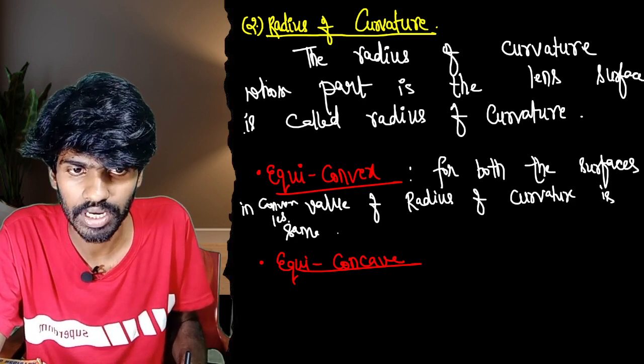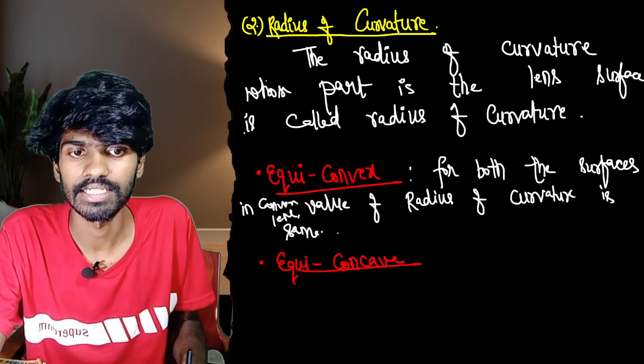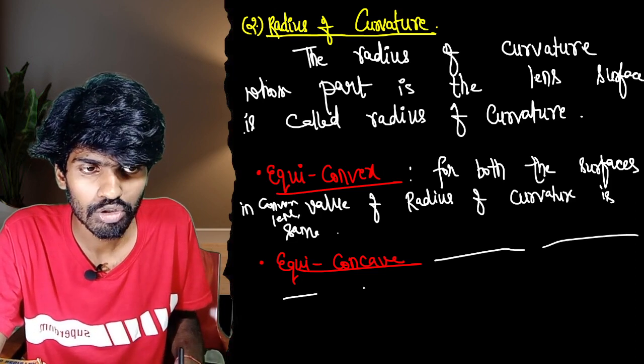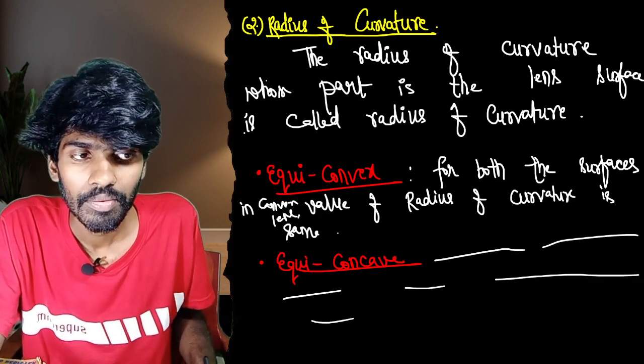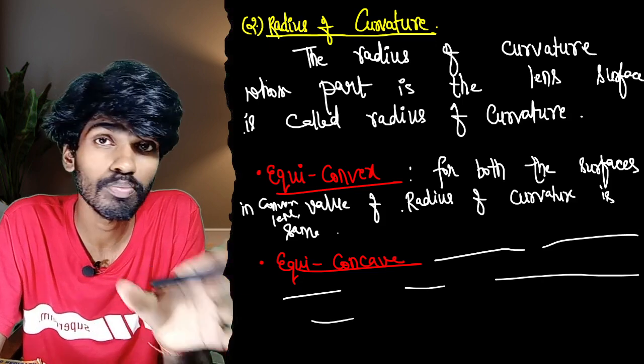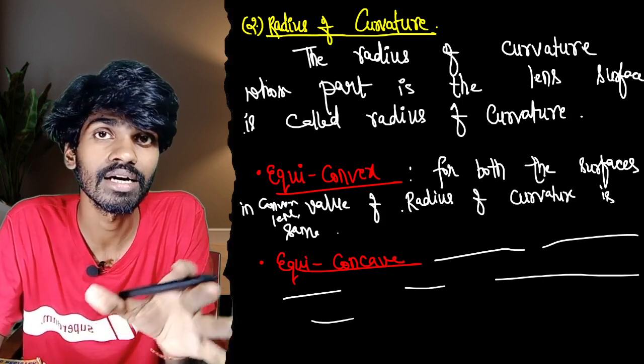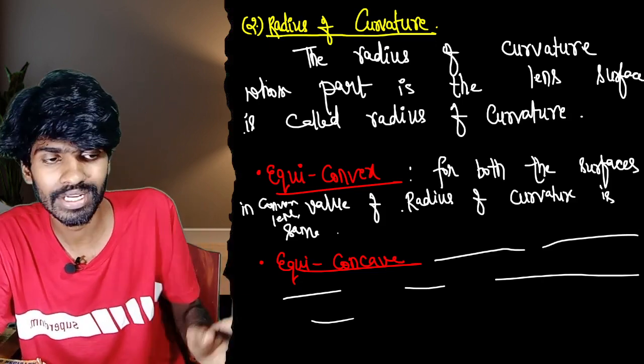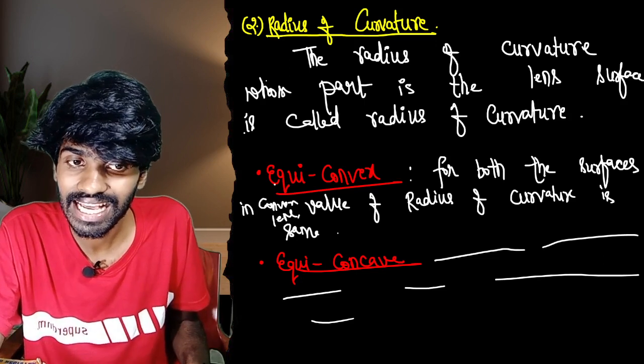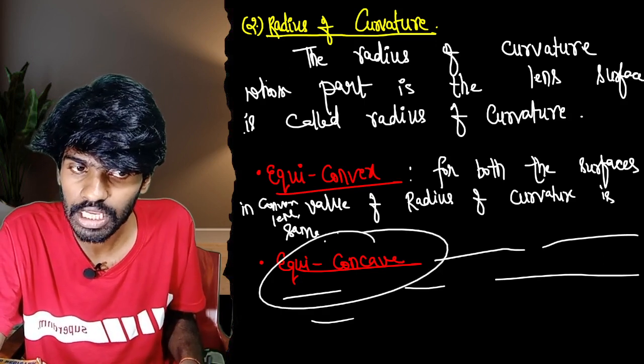Okay, the same will happen in this situation. The same you can write for this. If the radius of curvature for both the spherical parts is the same, then you can say that the lens will be an equiconvex lens or equiconcave lens. Okay, so this is the case.